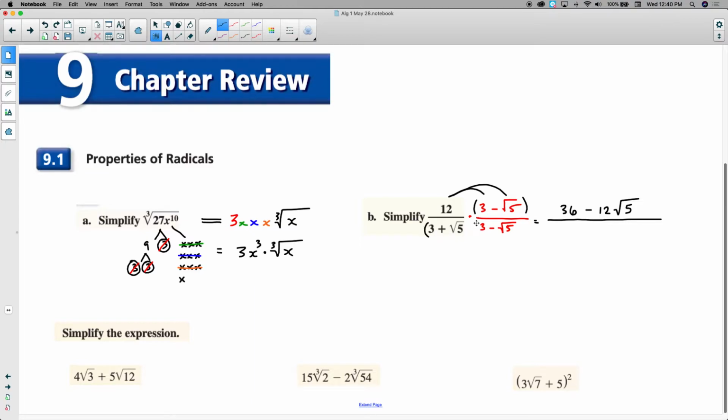Okay, so now let's look and see what happens down here. This is a binomial times a binomial, so it's time to do some foiling. That's 9. Okay, then over here we've got a positive times a negative. That's a 3√5 situation.